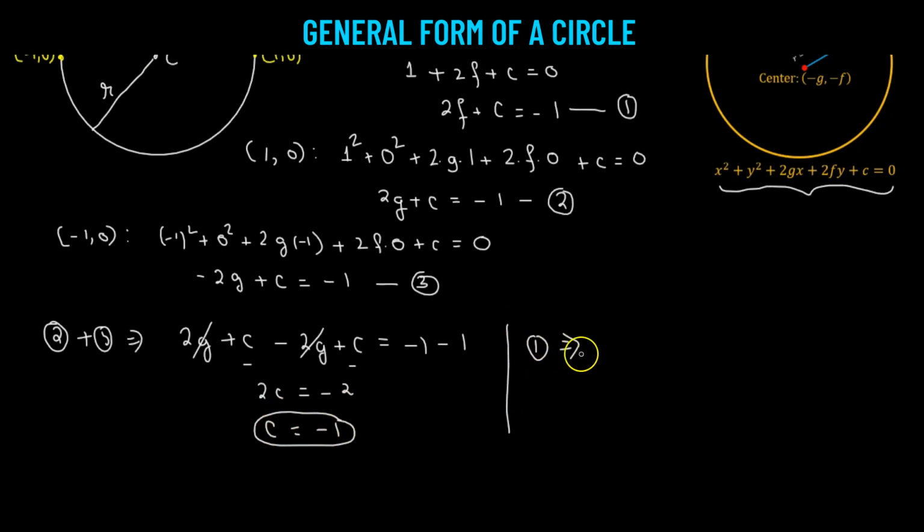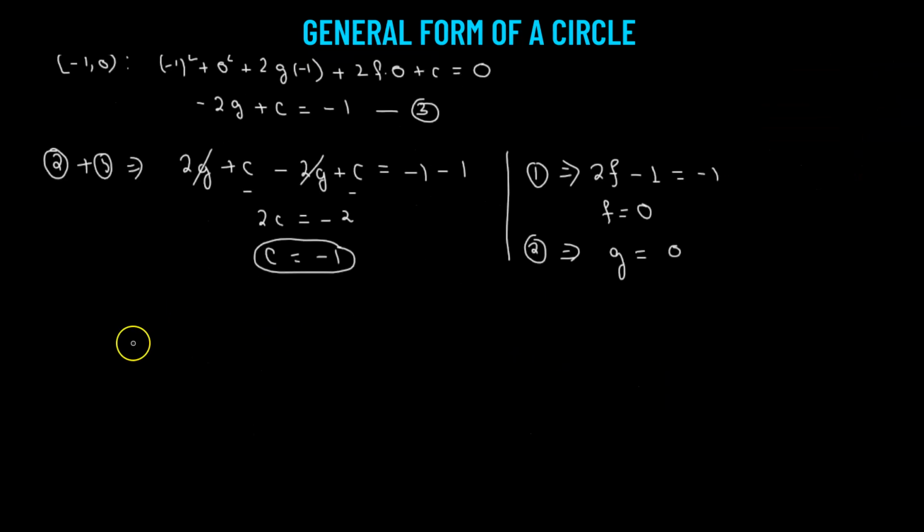We will use equation number 1. In equation number 1, we have 2f plus c, where c is -1. So we have 2f minus 1 equals -1. Solving for f, we get f equals 0. And we will be using equation number 2 to find the value of g. The g value also comes out to be 0. So now we have the values of f and g, and we can define the center.